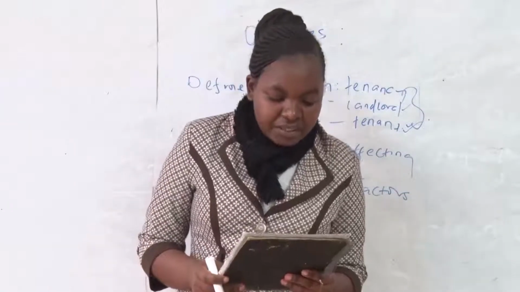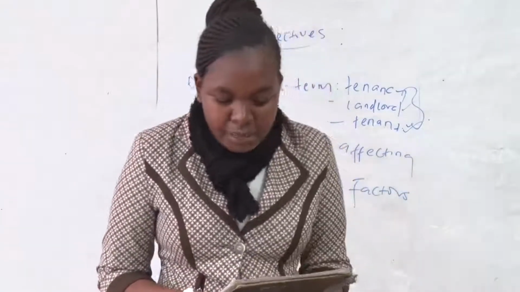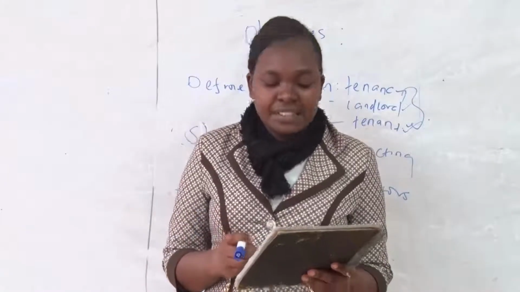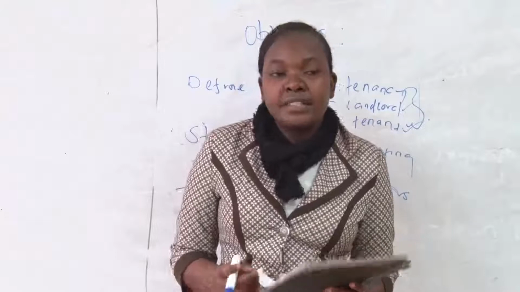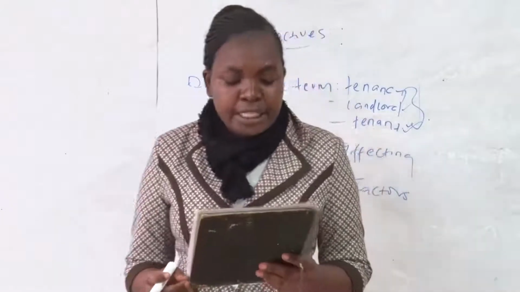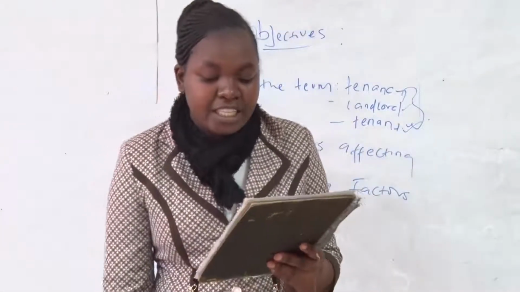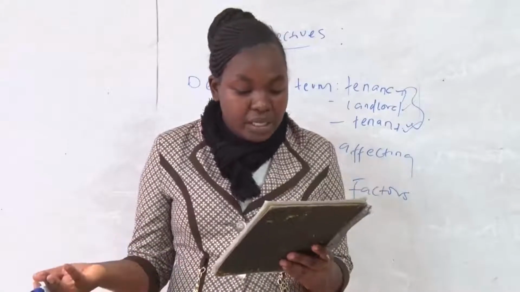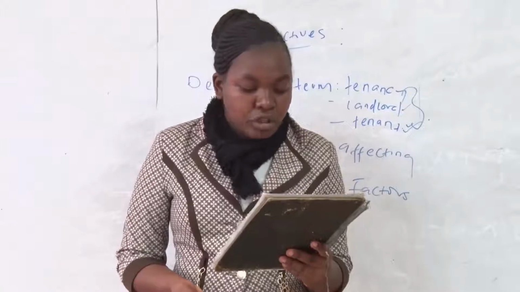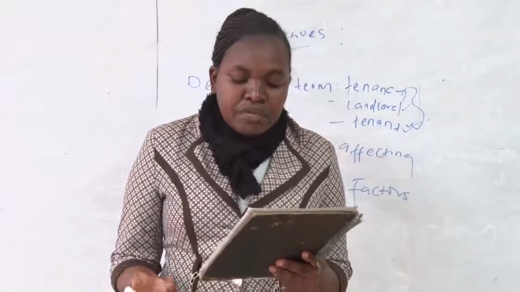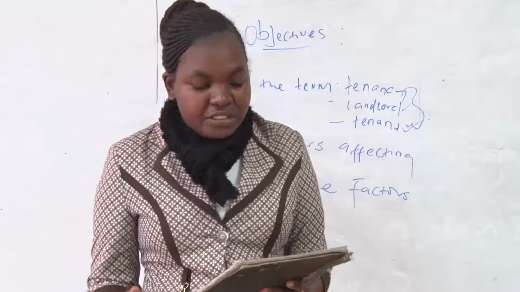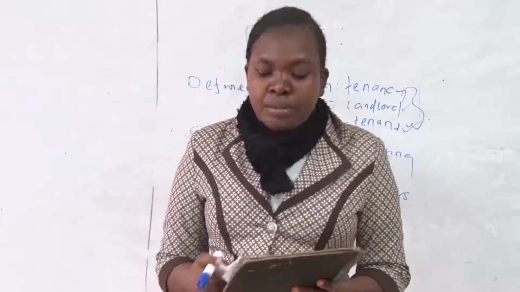And also there is the tenancy agreement. Before you sign the agreement of tenancy, there are some factors that you are supposed to consider, which include the length of tenancy. There are certain durations for which you are supposed to pay rent. And also if you can pay some small amount, you are supposed to consider such things before you sign.